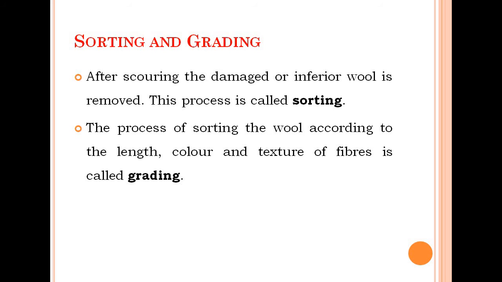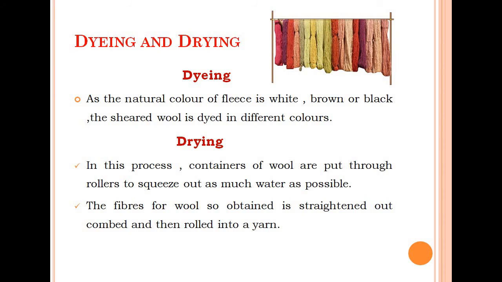So that is grading. Clear? So what is sorting? Sorting is the removal of the damaged hair from the raw wool, and grading is the sorting of the wool on the basis of length, texture and colors. Clear? Okay, so the next process involved is dyeing and drying.